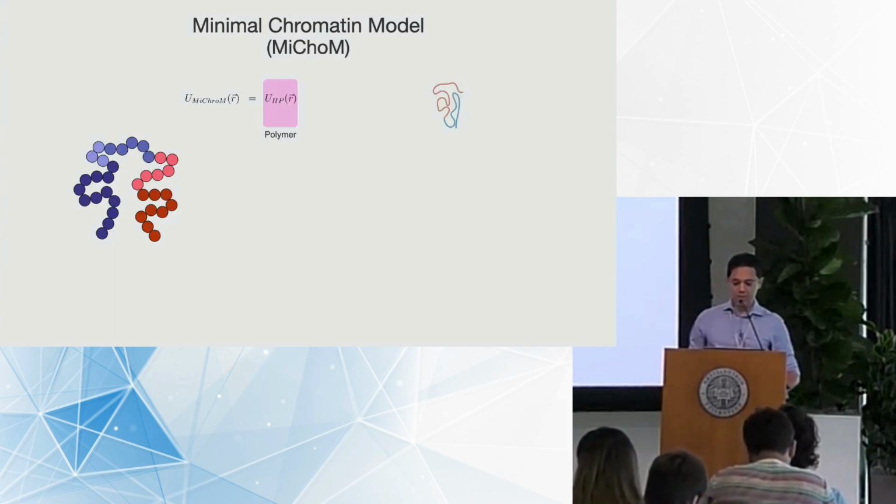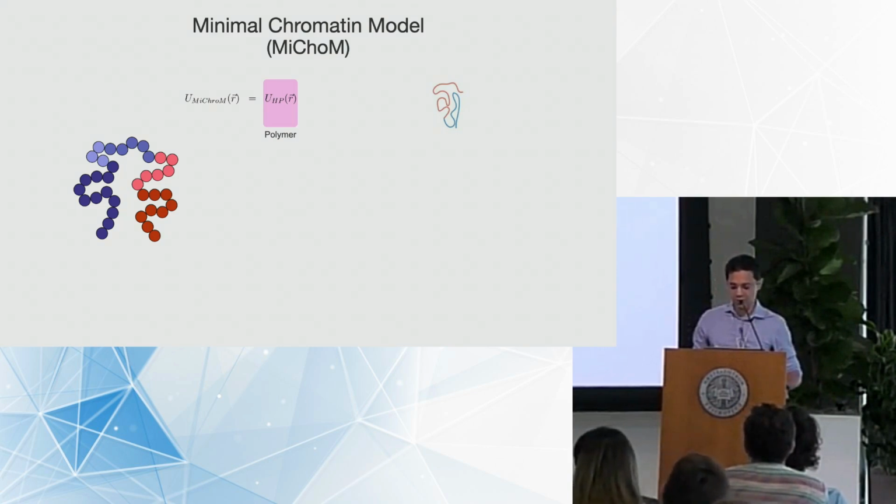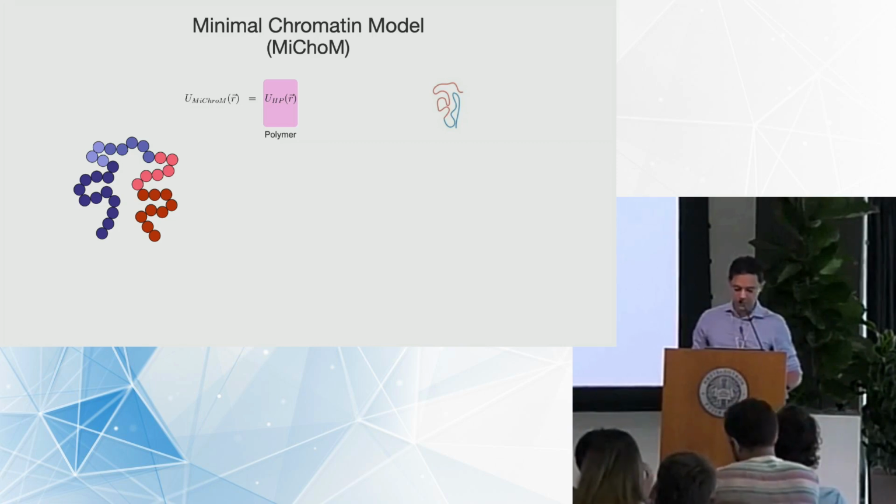Just as a reminder, our Hamiltonian has a first term, which is the polymer term that takes into account the polymer nature of it.